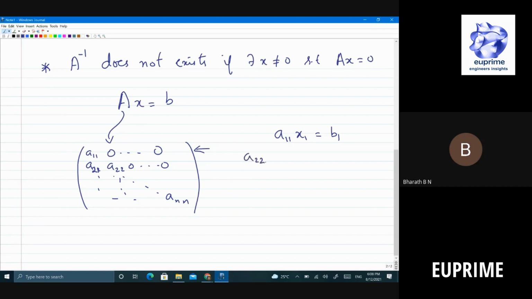You get A21 x1 plus A22 x2 equal to B2. How do you solve for x2? Pretty easy, right? B2 minus A21 times B1 divided by A11, that is your x1 from the previous equation. So this will give you x2 and so on, right? Pretty easy, if you have such an equation.